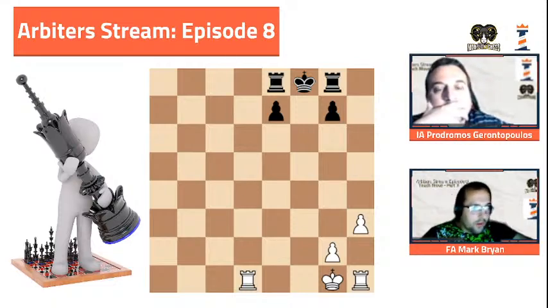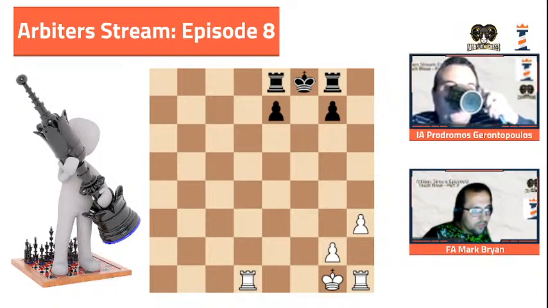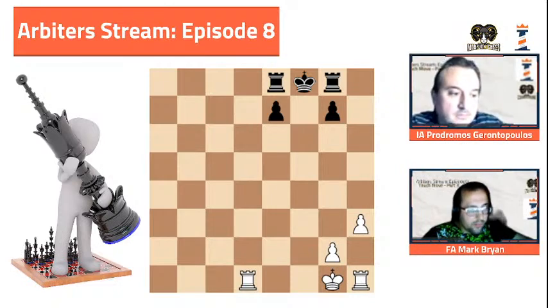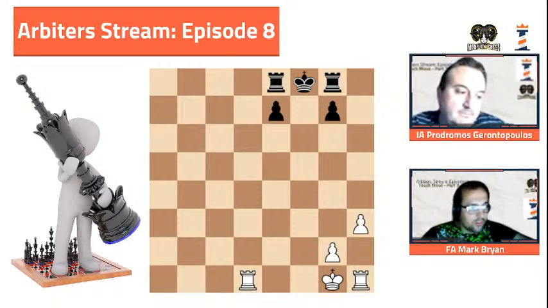The clock, Vasily, the clock stops. When you go to zero, the clock stops. The clock doesn't give you 30 seconds after the time runs out. What do you mean you have 30 seconds?